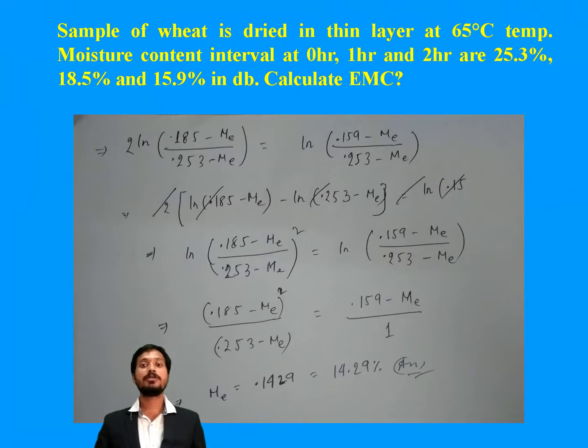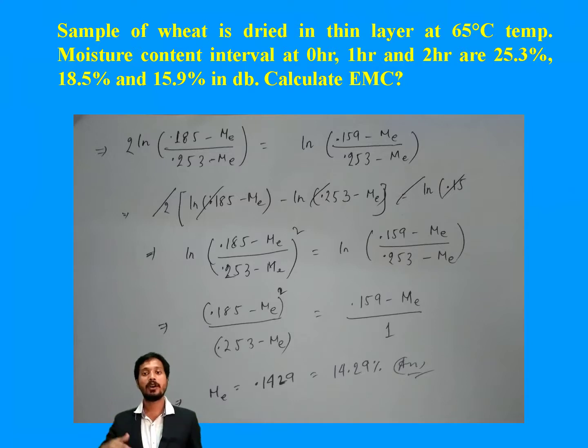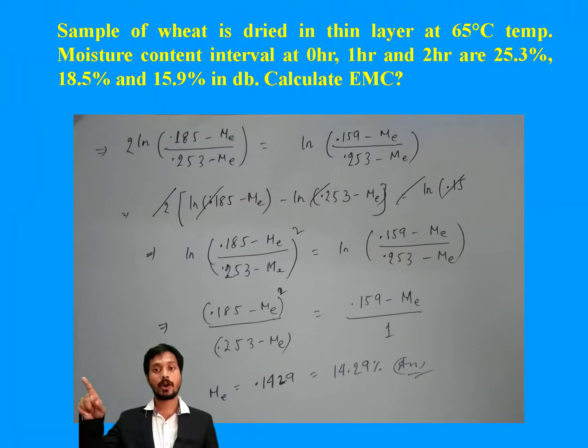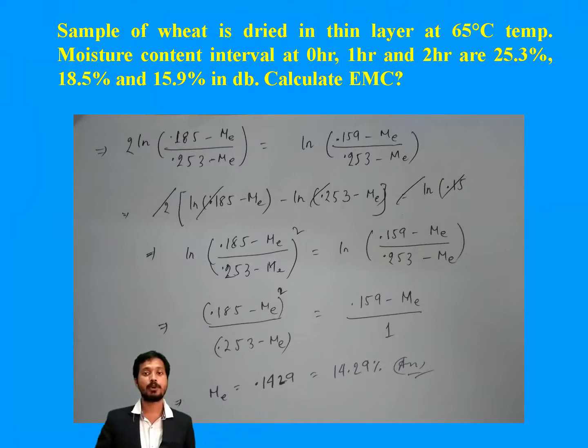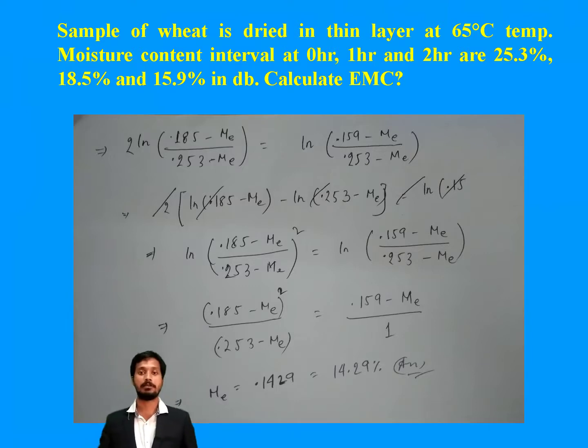We know the formula: a into ln b equals ln of b to the power a, so whatever is on the left goes into the power. So 2 goes in the power. In the next line, ln of 0.185 minus Me divided by 0.253 minus Me, whole square, equals ln of 0.159 minus Me by 0.253 minus Me.